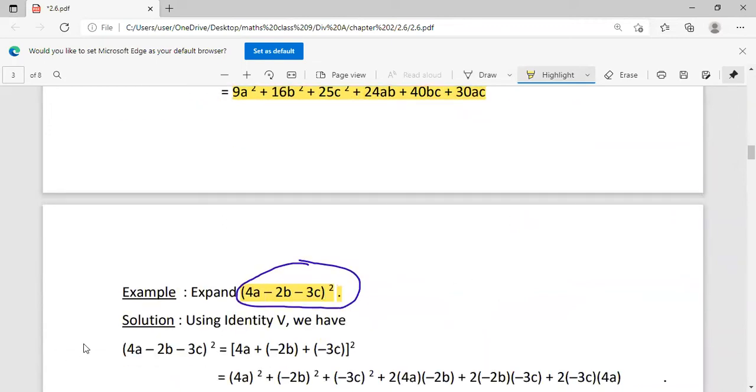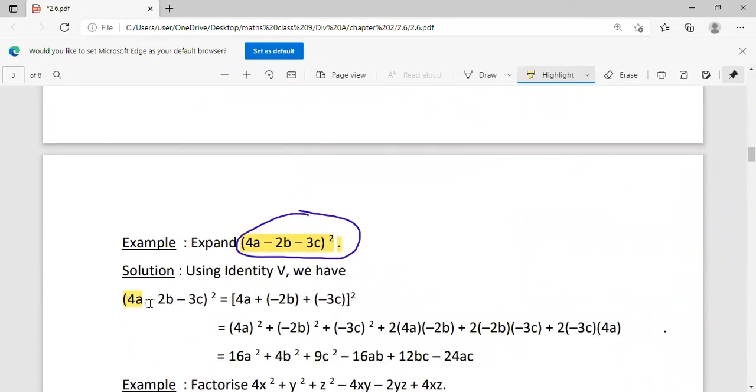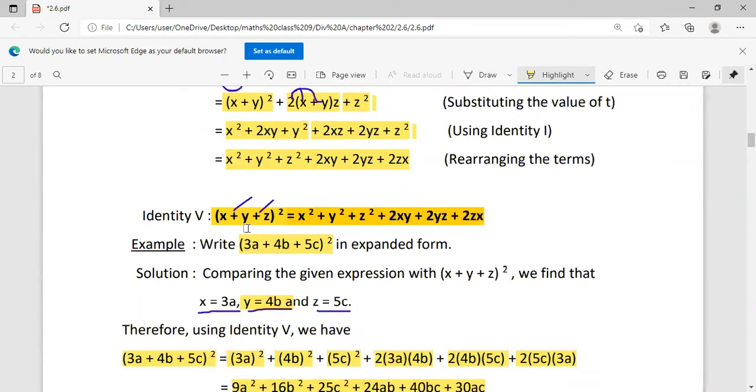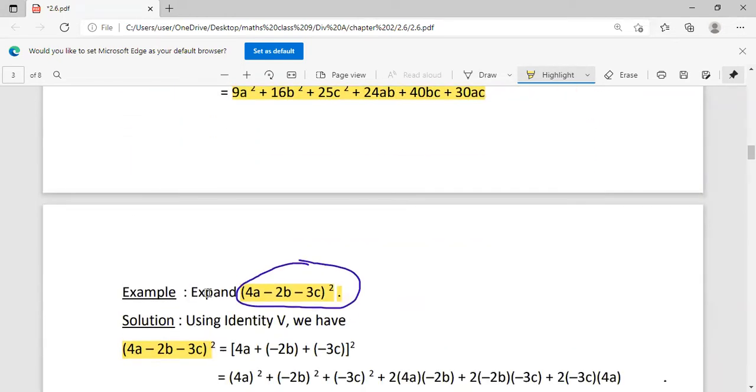See, we are given (4a minus 2b minus 3c) whole square. Actually, what we had learned is only (x plus y plus z) whole square. So we are going to convert this into that form. How are we doing so? See, 4a is okay, there is nothing to worry, it is positive.